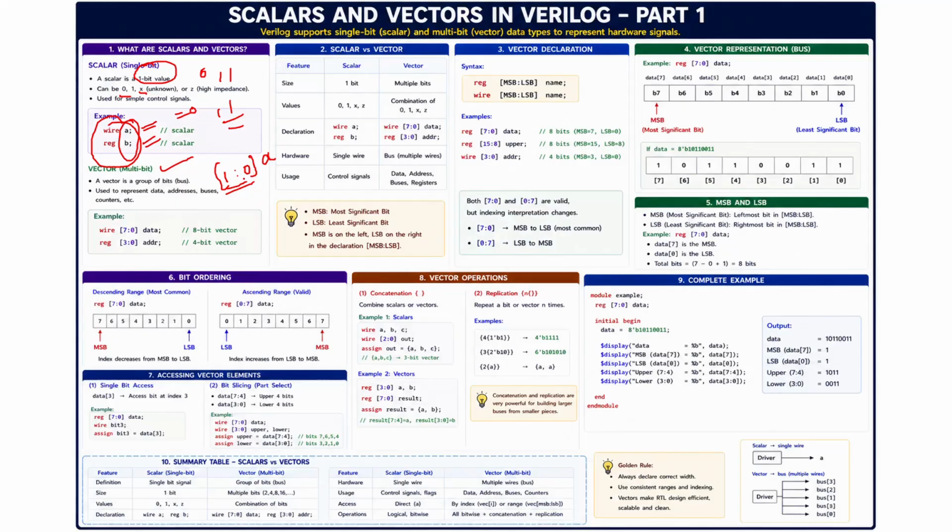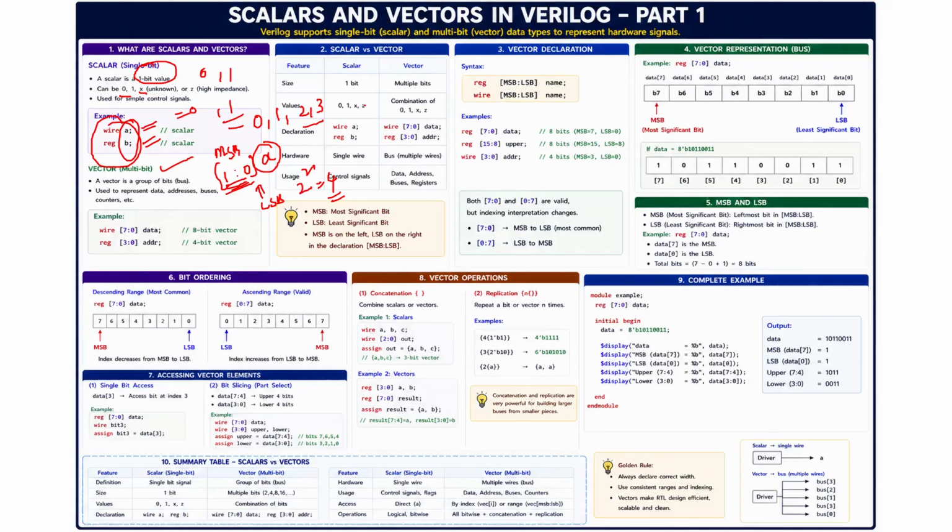This is the MSB and this is the LSB. From MSB to LSB you represent 2 bits, so how many combinations will you get? 4 combinations. Then a can store 0, 1, 2, 3. Up to values 0 to 3 can be stored. That is the vector representation.